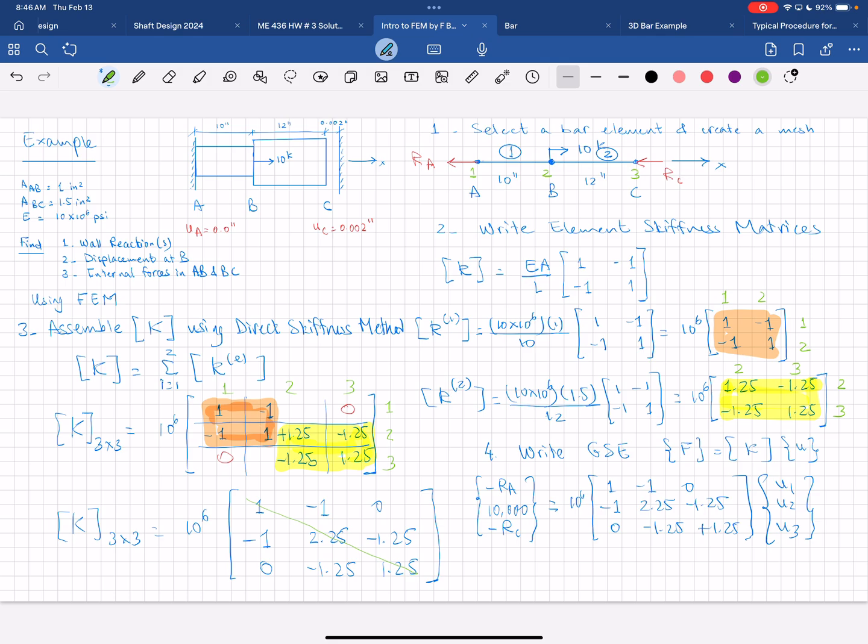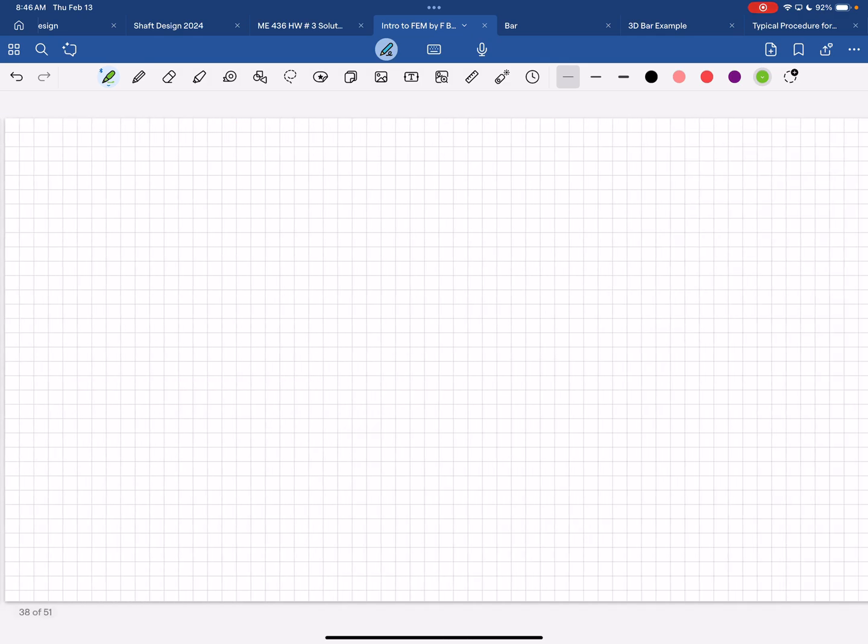This stiffness matrix is also a singular matrix, meaning there is no inverse for it. So in order to solve the global stiffness equations, we need to apply boundary conditions. And this would be step number 5.